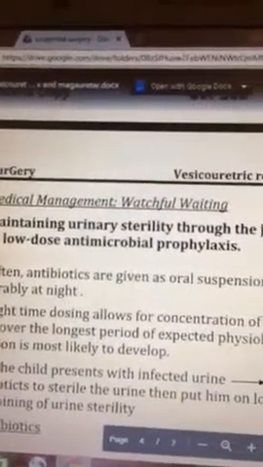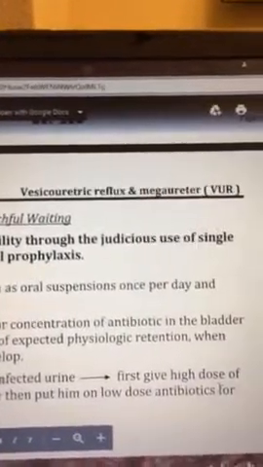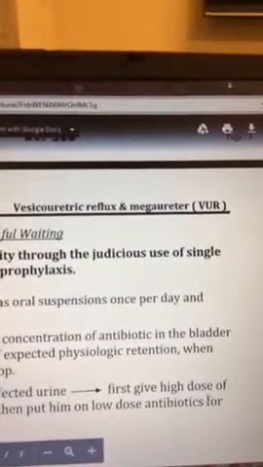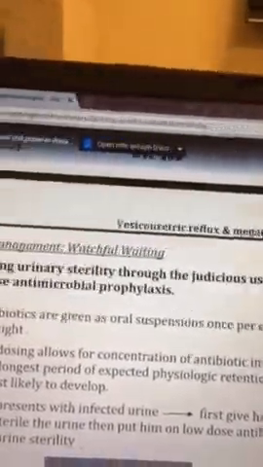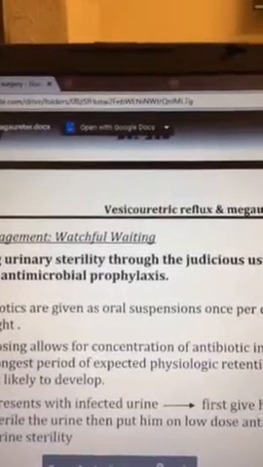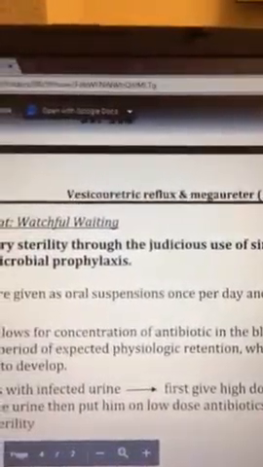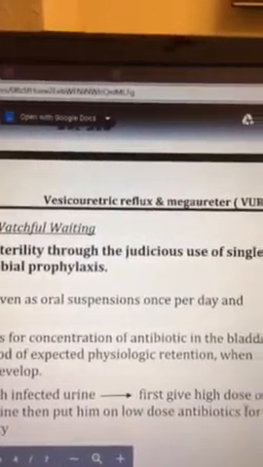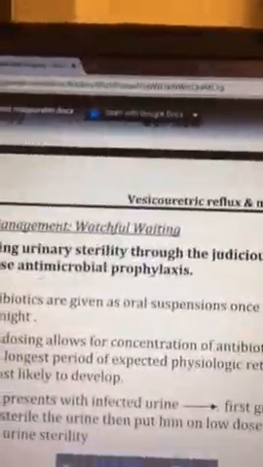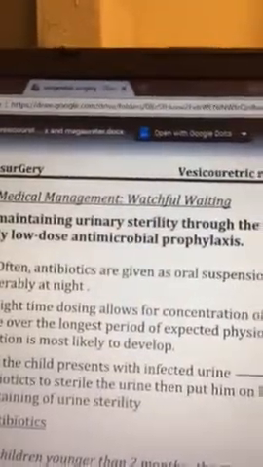For a child presenting with infected urine, first give a high dose. If there is no infection, we give the low dose to keep the urine sterile. If there is a presentation with infected urine, first give a high dose of antibiotic to sterilize the urine, then put the child on the low-dose antibiotic to maintain urine sterility.